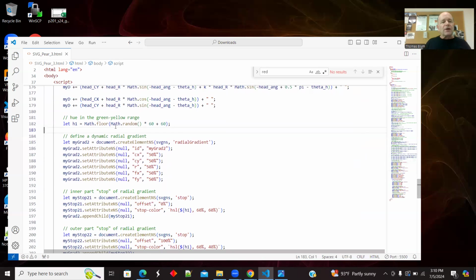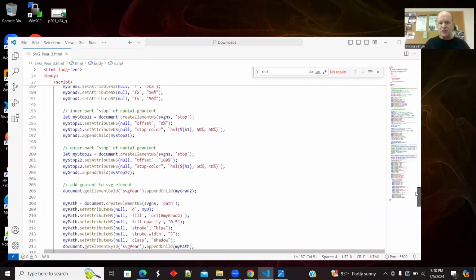Now, I'm choosing a color, a hue for a color between 60 and 120. This is in the sort of yellow-green range. I am making a radial gradient. Gradients and radial gradients have these things called stops. I'm just going to have 2 stops.